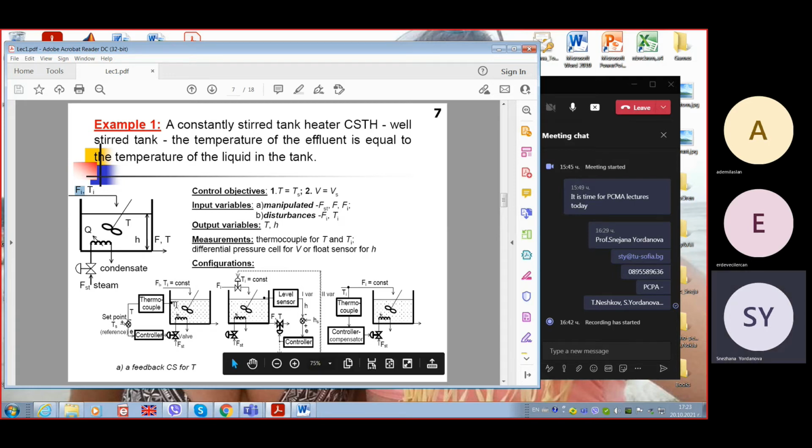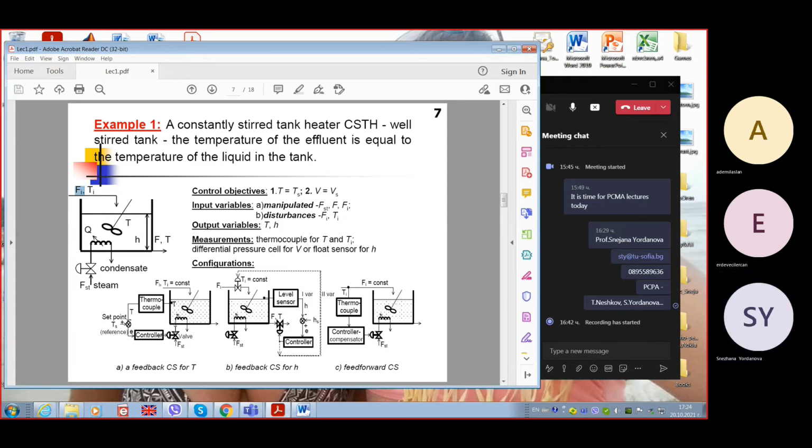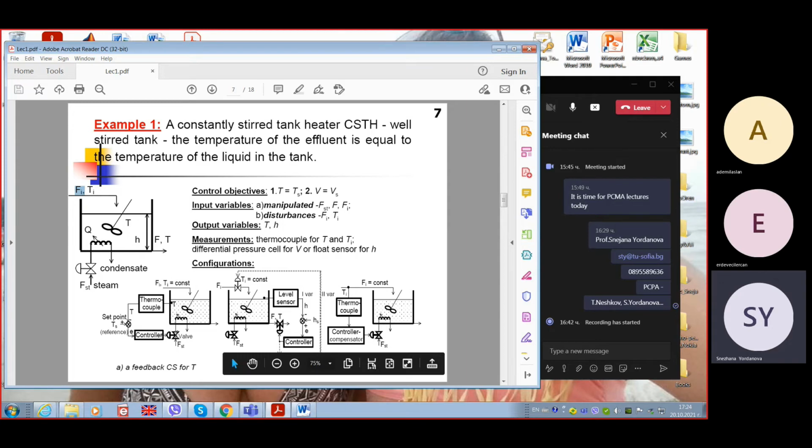And the process is characterized by these two information variables, so we have interconnection between two plants, or a multi-variable plant. This means several variables that are controlled in this process by several manipulating variables at the input, which are interconnected. Each input influences both outputs, level and temperature.